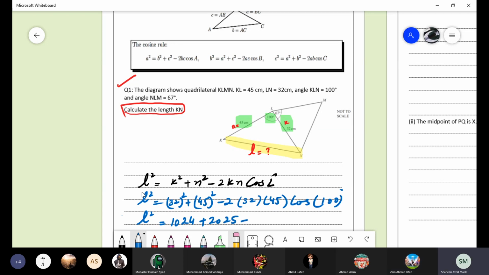If you multiply 2 by 32 by 45 by cos 100, this is coming minus 500.10675, we can write it as minus 500.1068. After that, we will simplify this, no problem.